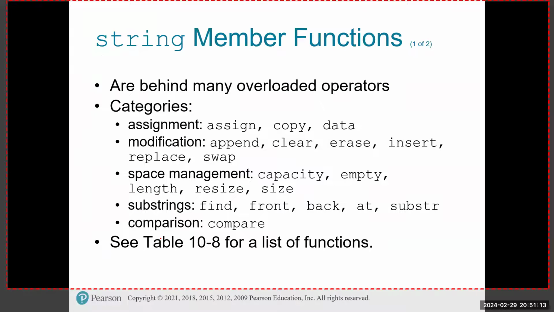String member functions are behind many overloaded operators. Overloaded operators means these operators are redefined inside your code. The categories are like assignment operators. It could be assign, copy, data modification, append, clear, erase. We'll see the example.